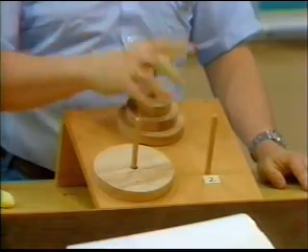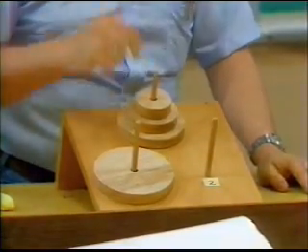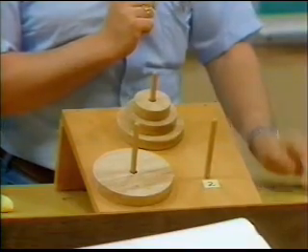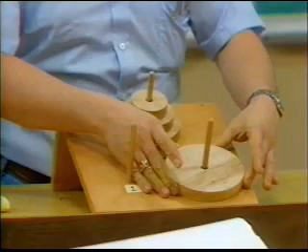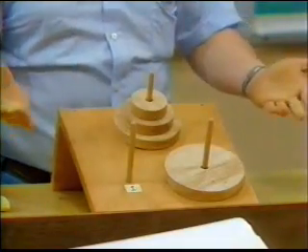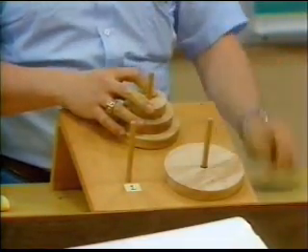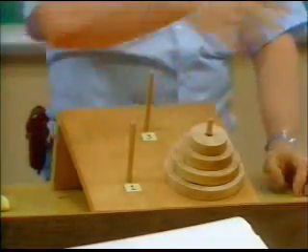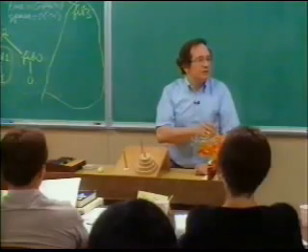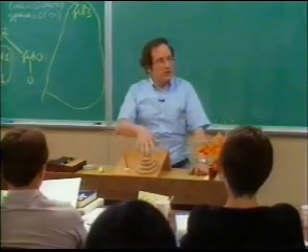I can only move one disk at a time, so I'm not telling you how I did it. But supposing I could do that, well, then I could just pick up this disk and move it here. And now I have a simple problem. I have to move a 3-high tower to here, which is no problem. So by 2 moves of a 3-high tower plus 1 move of a single object, I can move the tower from here to here.